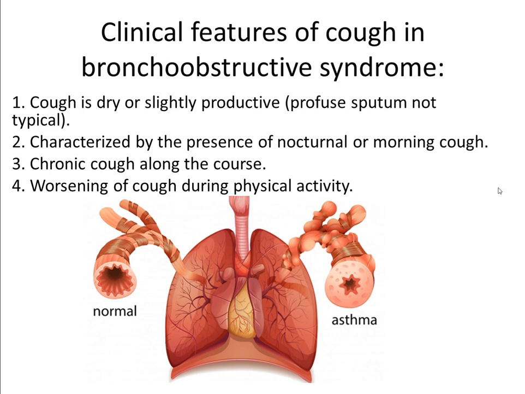So these features are common for bronchitis with obstructive patterns or just for asthma. And you can see there is a difference in normal bronchus and in asthmatic bronchus. And these are the underlying causes of a difference of clinical picture.